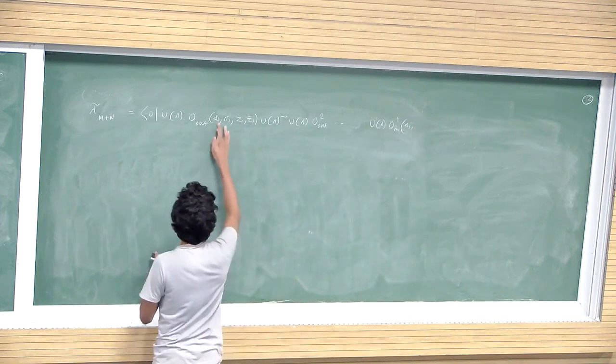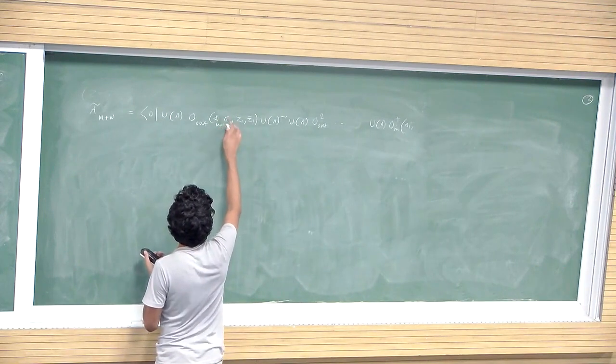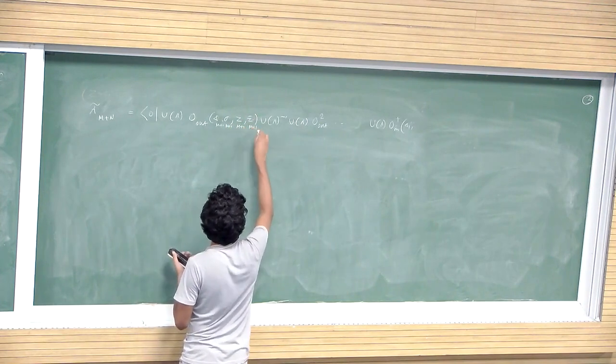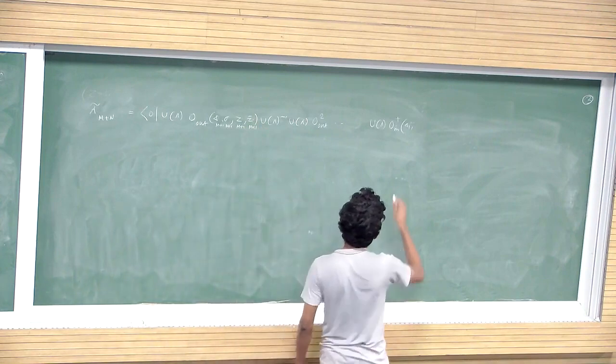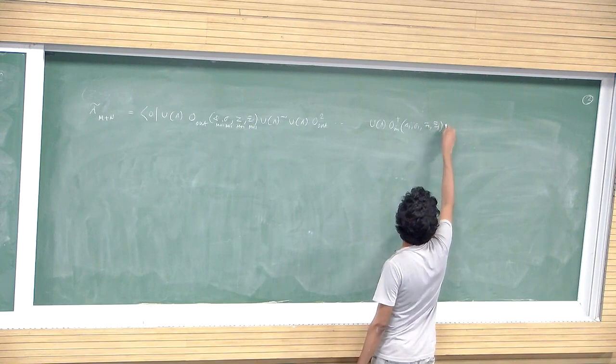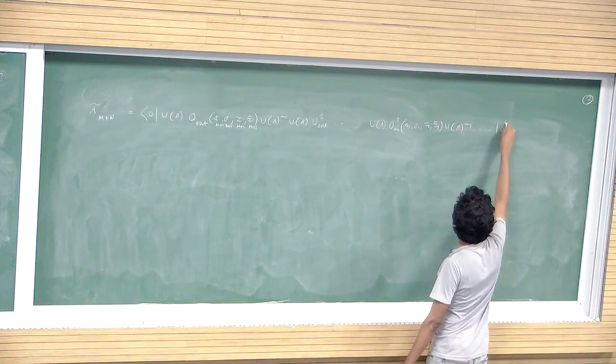Something is wrong, it should be m plus 1, right? All these things should be m plus 1. Similarly, if you do it delta 1, sigma 1, z1 bar, u of lambda inverse, like this.